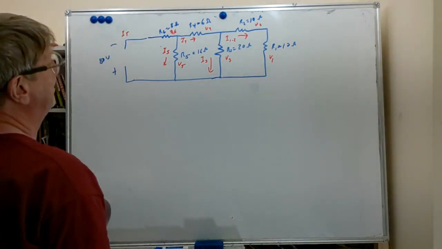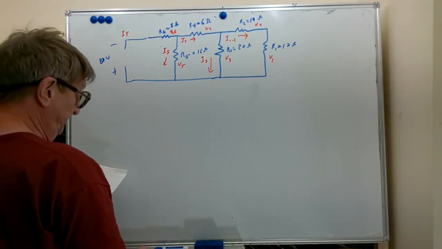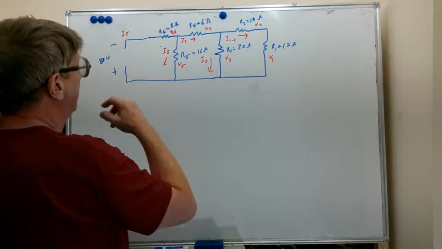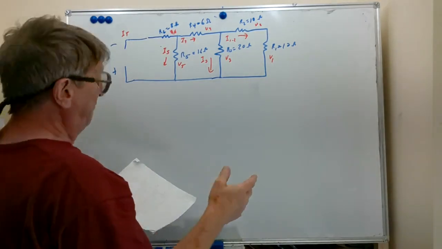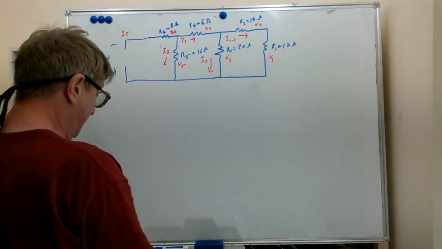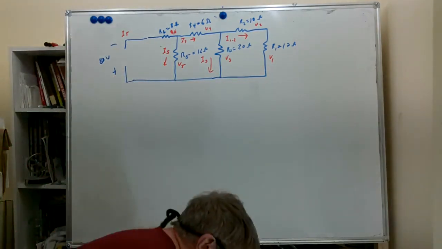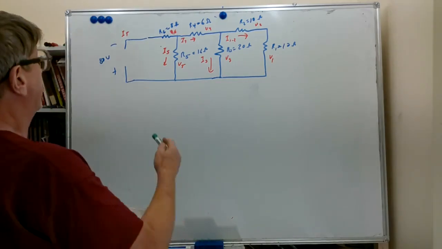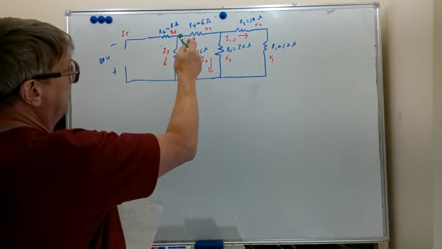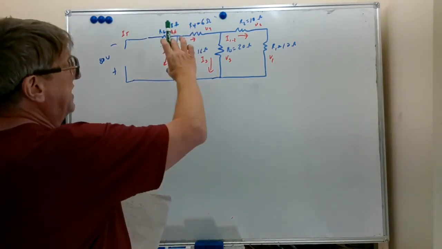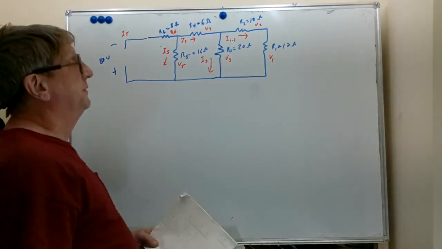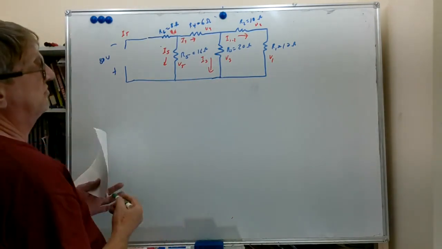Now we have this series resistance in the main branch, in the main line. We're going to solve this one by working back and finding the total resistance, which will give us IT, and then we'll use our current divider formulas and voltage. We'll keep working our way back till we get to the top.